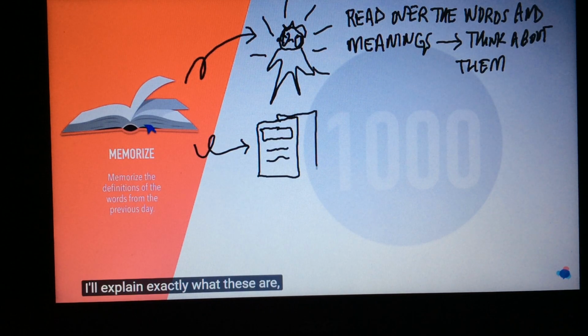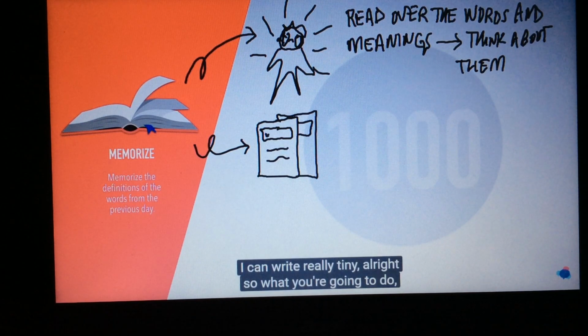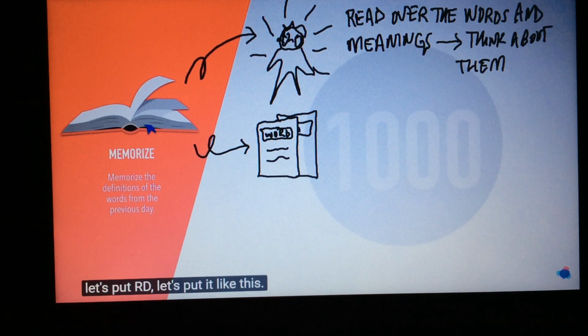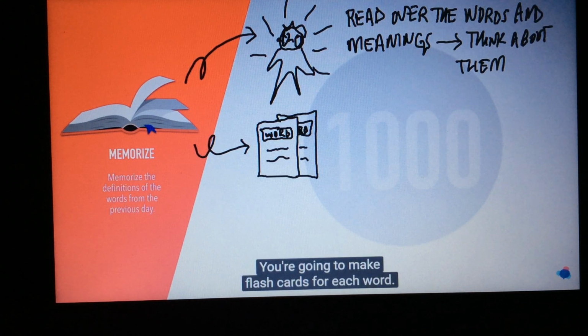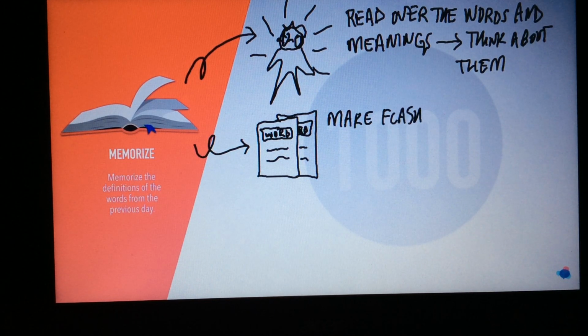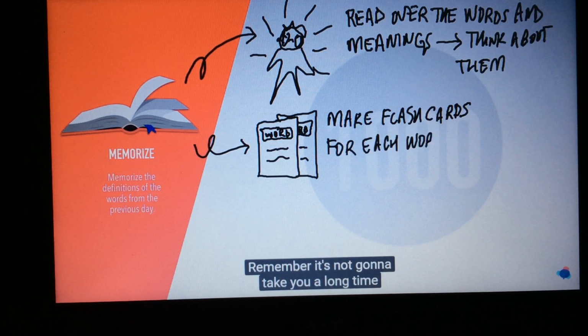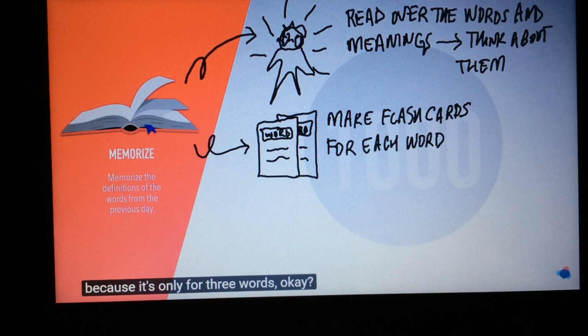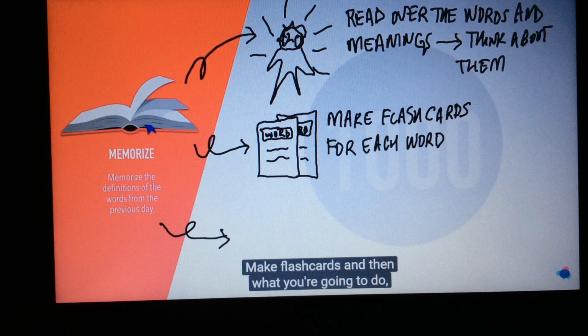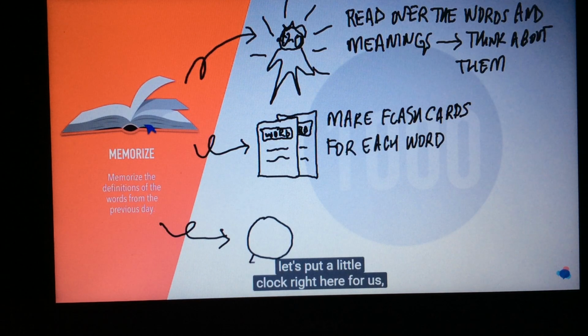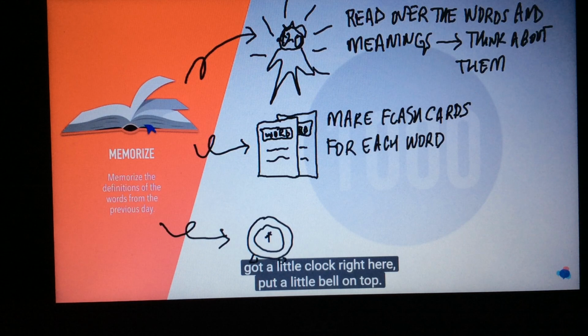The next thing you're going to do is you're going to make something, okay? I'll explain exactly what these are. You're going to make flashcards for each word. Remember, it's not going to take you a long time because it's only for 3 words, okay? Make flashcards, and then what you're going to do, let's put a little clock right here for us. Got a little clock right here, a little bell on top.